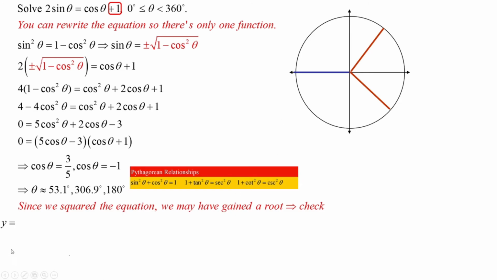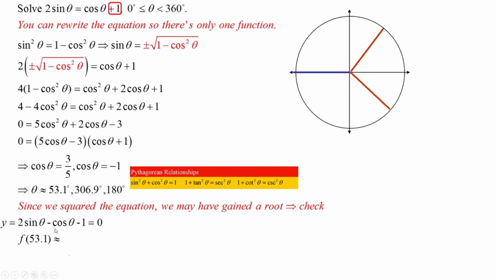So first, I'm going to take my original equation, 2 sine of theta equals cosine of theta plus 1, and let's get everything over on the left. So I'm going to say 2 sine of theta minus cosine of theta minus 1 needs to equal 0. Now I just get out my calculator and check f of my first answer, 53.1.